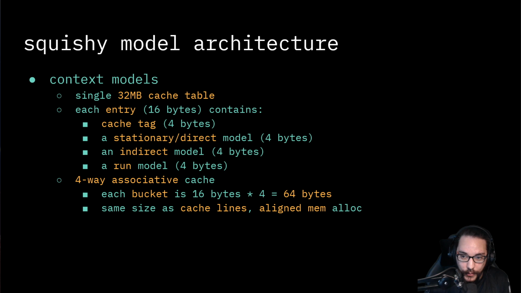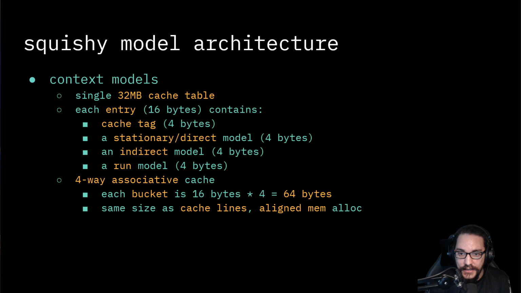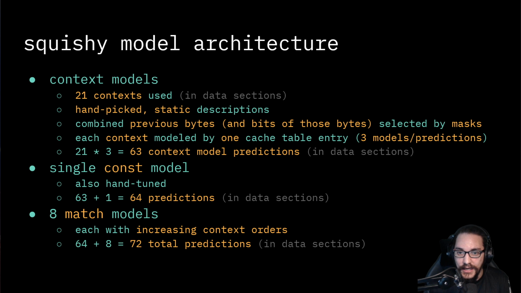This cache table is a 4-way associative cache. Each bucket is 64 bytes wide, which maps to cache lines, which helps with speed, so the whole thing is allocated on a 64 byte boundary. Because of those, there are three different models per context. We model 21 different contexts used in the data sections.